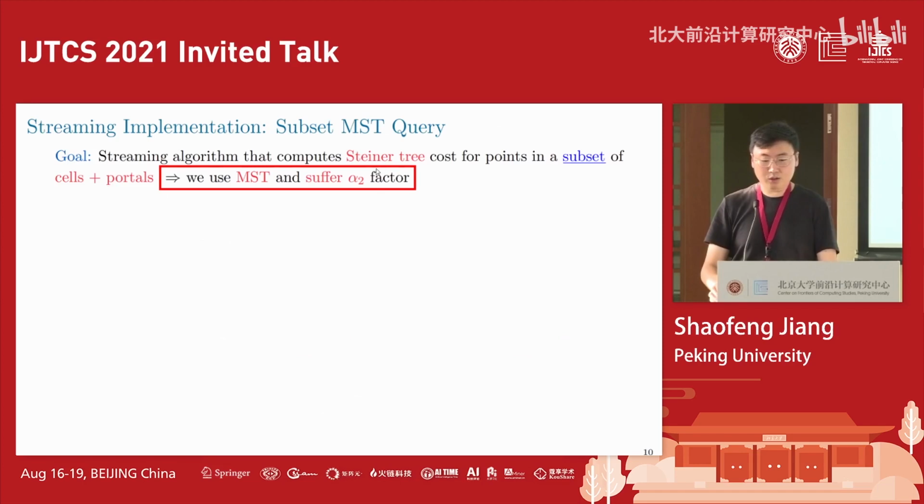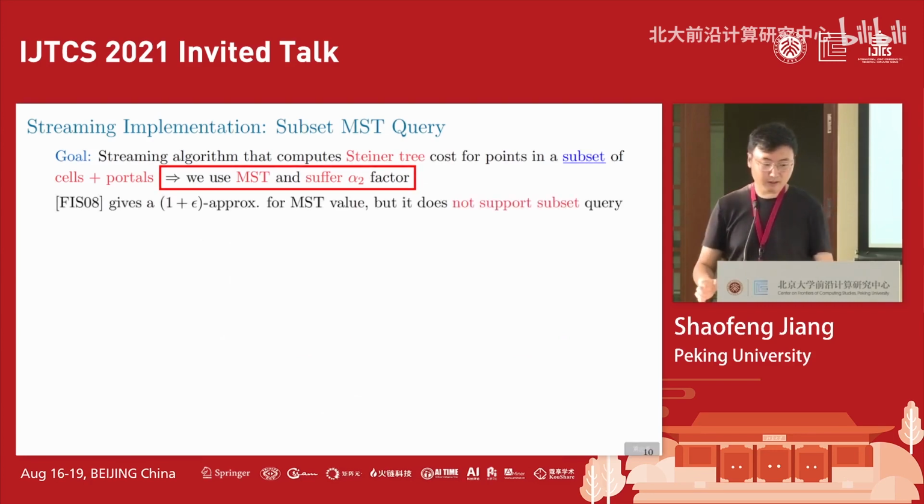And now the technical challenge is that since we enumerate this connectivity, it could create several disconnected components, and we need to compute the MST of each subset. Previously, there was a work that gives a 1 plus epsilon approximation for this MST value, but it does not support the subset query. It only computes the MST for the whole data set.